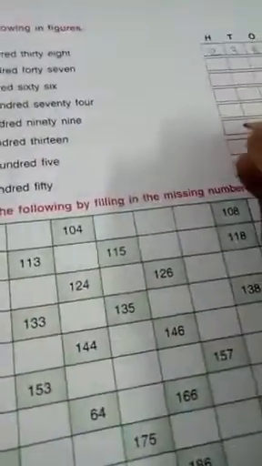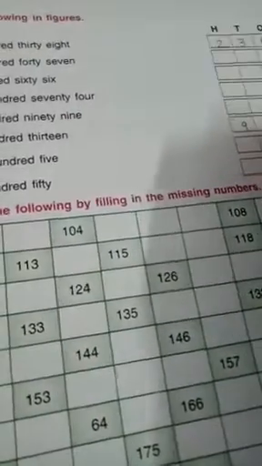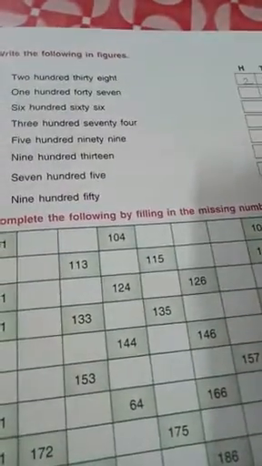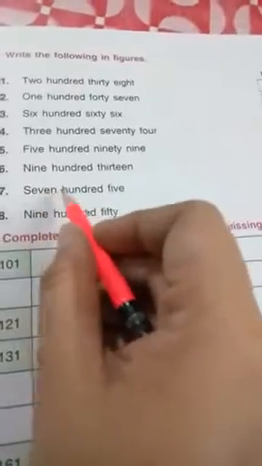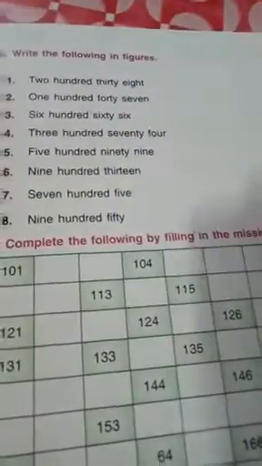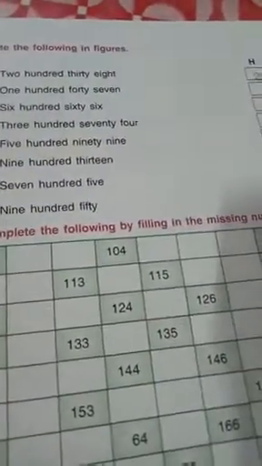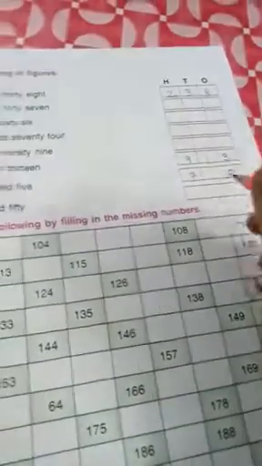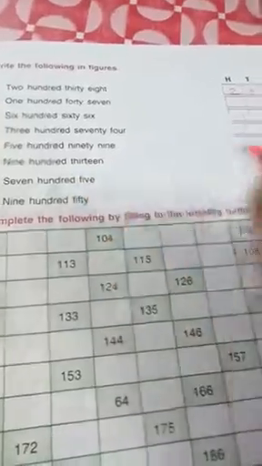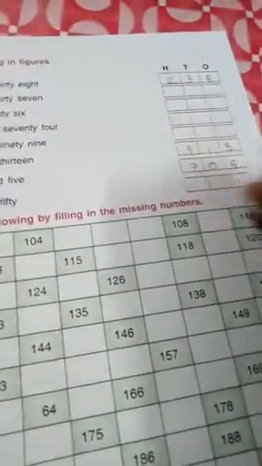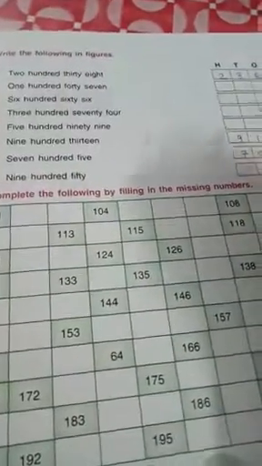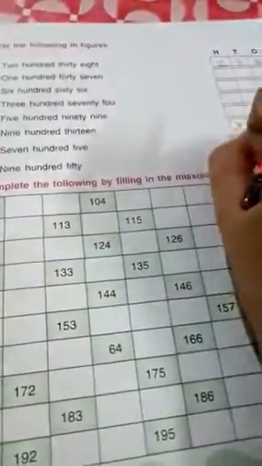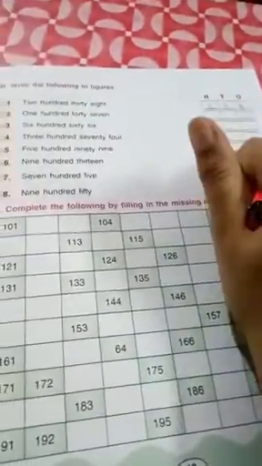So 913. Okay. 705. So 7 is there and in the ones place 5 is there, but nothing is given about the tens place. So what will you do? 705. Okay. In the same way you have to write these numbers in figures.